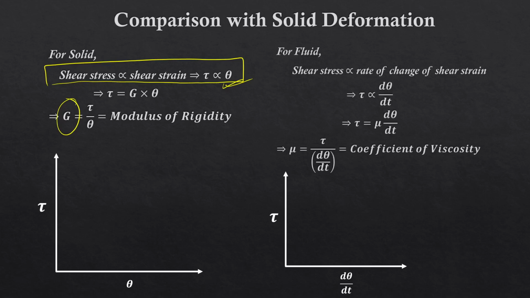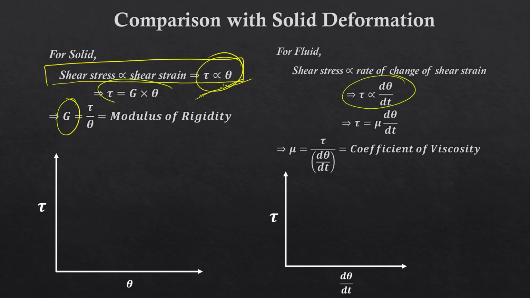On the other hand, in case of fluid, the relationship is quite similar, but this additional time parameter will appear because we are not dealing with strain only, but with rate of strain. Therefore you can see the similarity. Here tau is proportional to strain, here it is proportional to rate of strain.